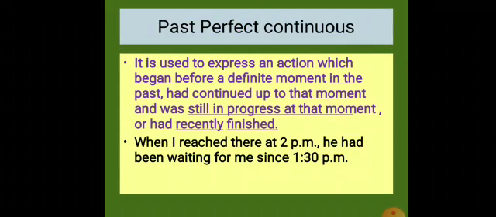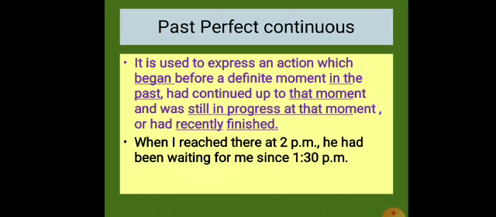Next, past perfect continuous tense. It is used to express an action which began before a definite moment in the past, had continued up to that moment, and was still in progress at that moment, or had recently finished.